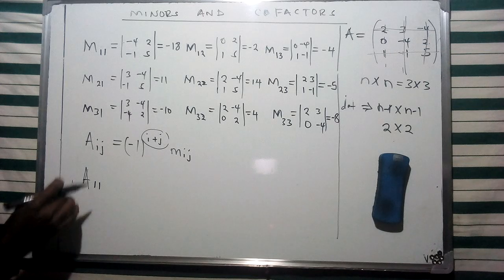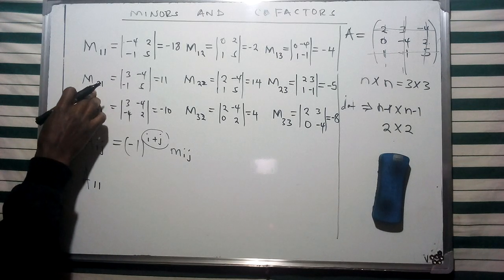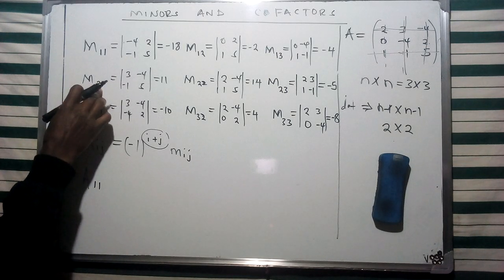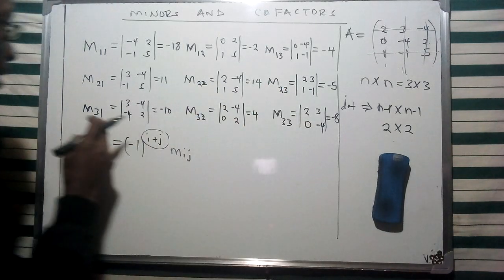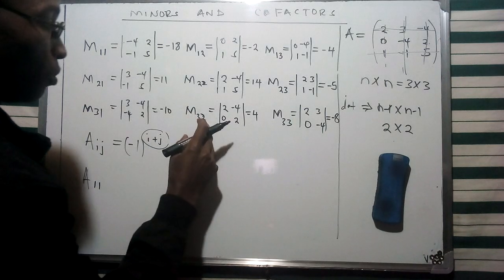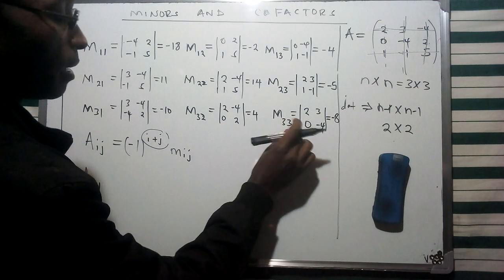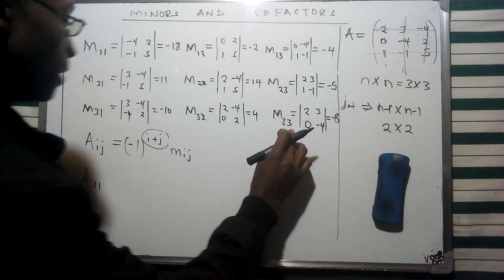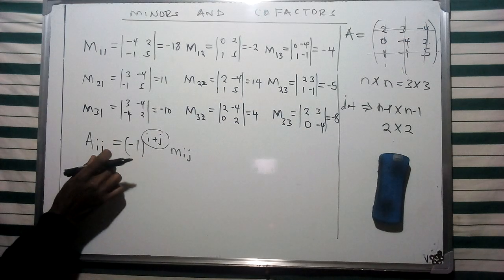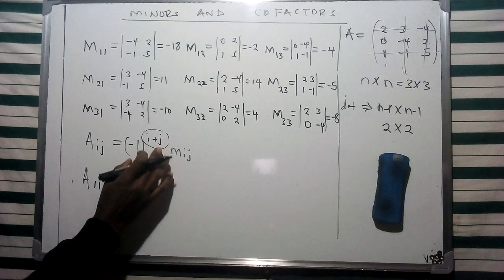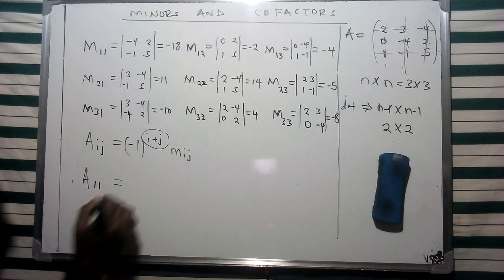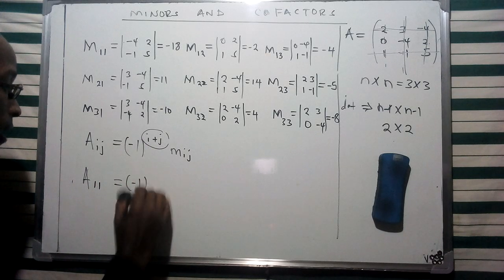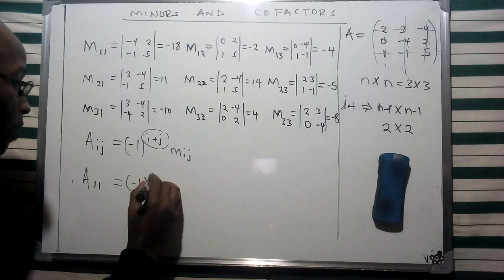which basically represents this arrangement of numbers. If we want to find a cofactor for this specific M21, then we're going to have A21, A22, A23, A31, A32. So this range of numbers for ith rows and jth columns corresponds to these specific ith and jth numbers, and we're going to have the sum of their numbers given as the power of negative 1. So in this case, for 1, 1, we're going to have negative 1 raised to 1 plus 1.